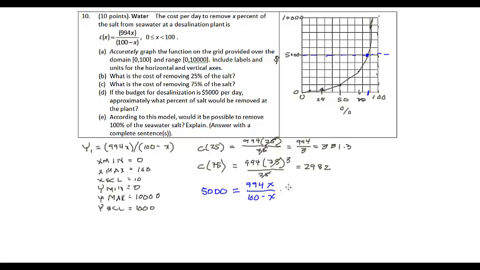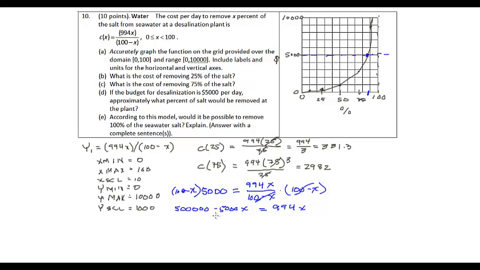If I multiply both sides by 100 minus x, what I get is 5,000 times 100, I got a couple zeros, minus 5,000x is equal to, these cancel, 994x.